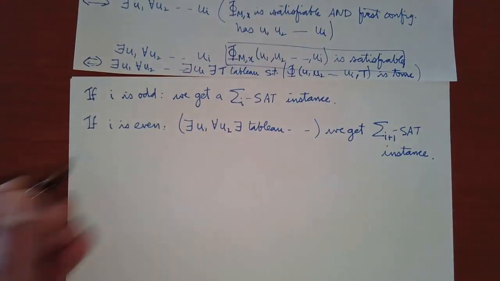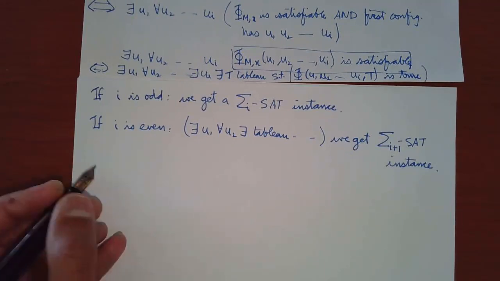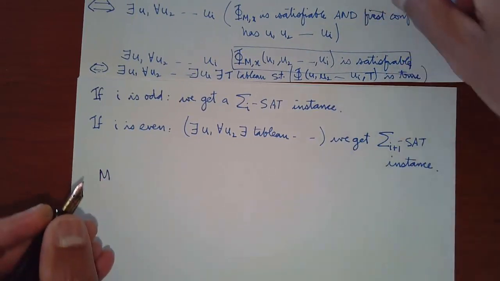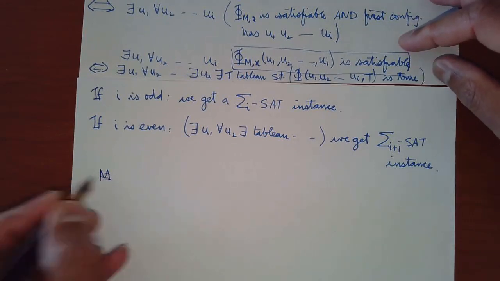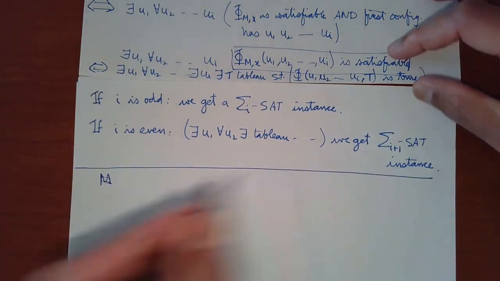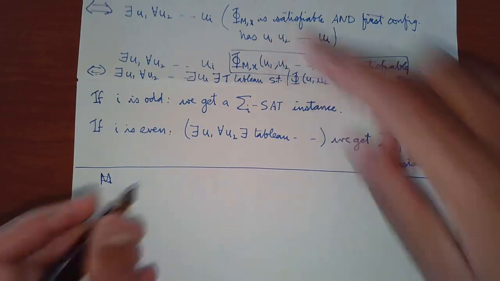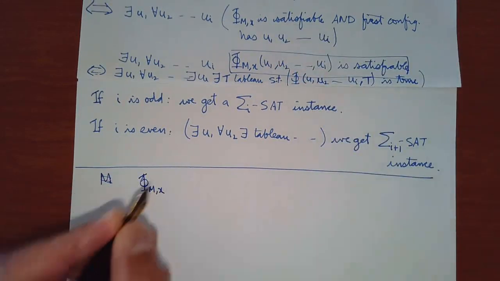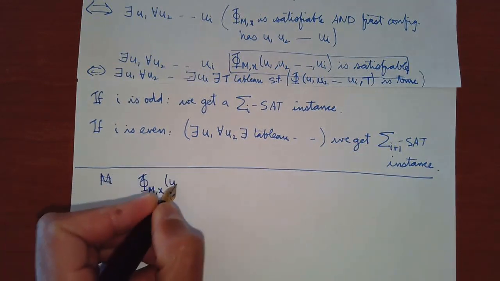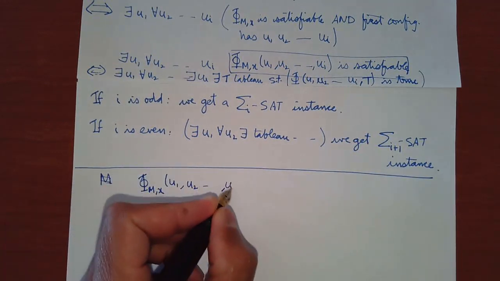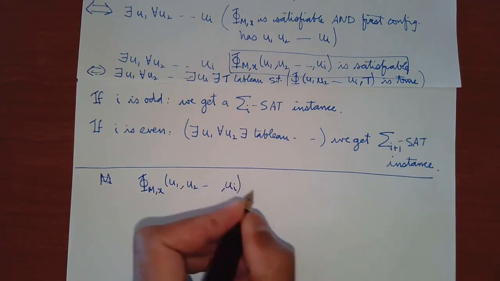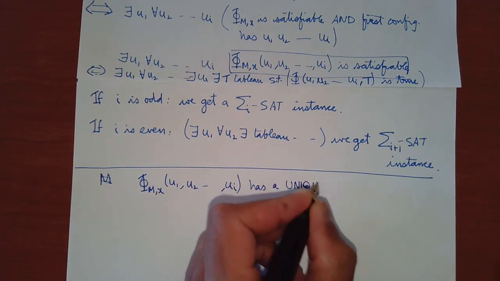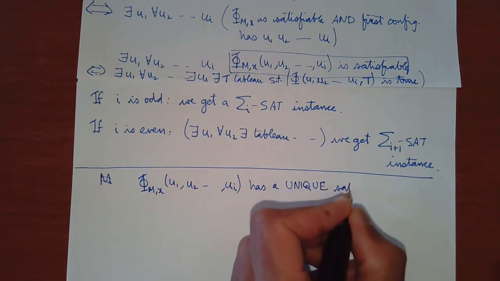To write this differently, let's go back to this formula phi_Mx. Phi_Mx of u1, u2 up to ui has a unique satisfying assignment.